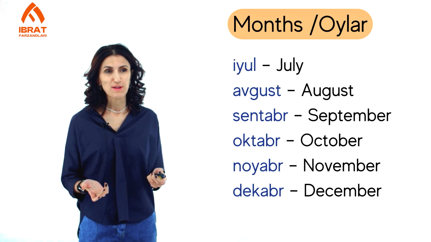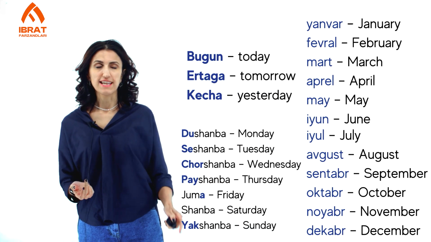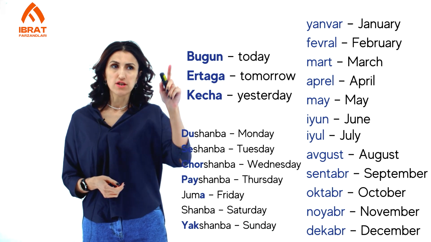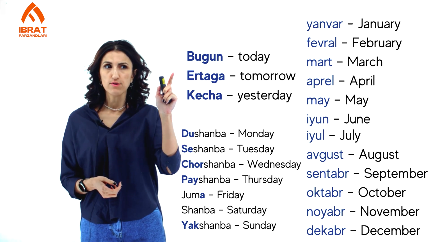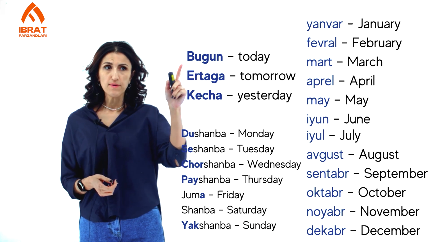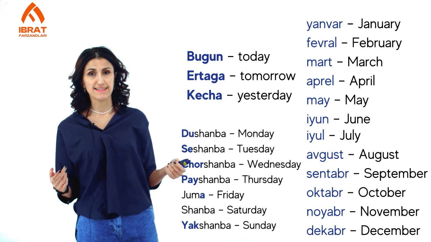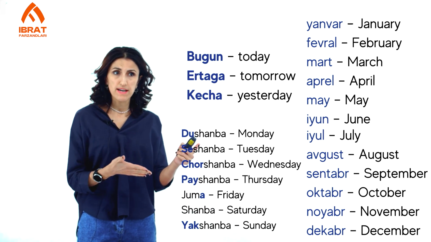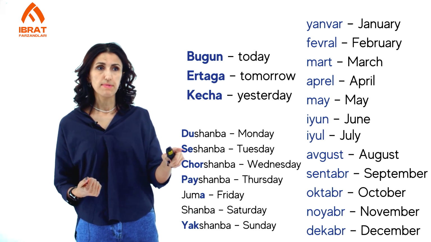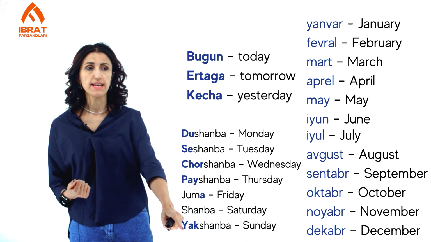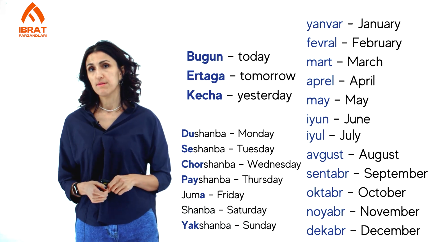So far, we have learned the days of the week. We have learned how to say today, tomorrow, and yesterday. Knowing this, you can already construct simple sentences like Bugun dushanba, kecha yakshanba edi, ertaga seshanba bo'ladi.